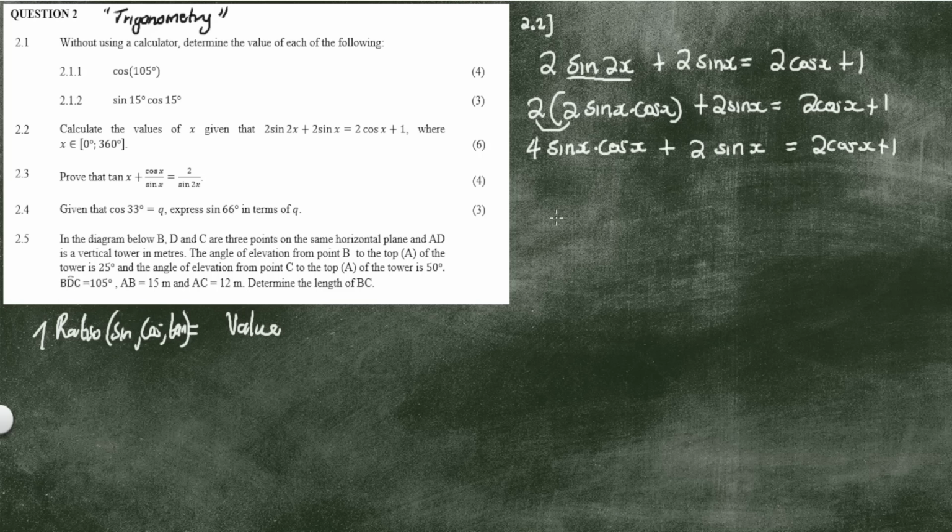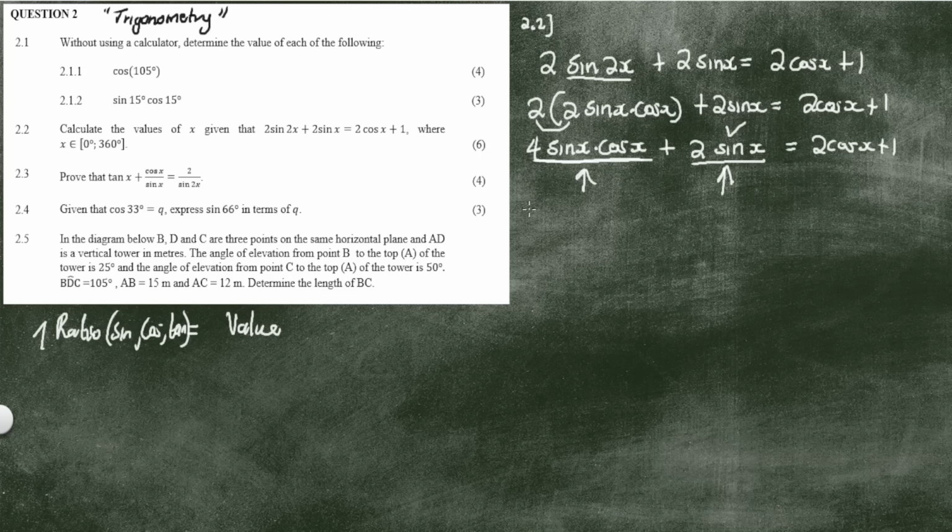All right, so before bringing this thing over to the left hand side, I think what we can do first is actually to take out 2 sine x as a common factor. So 2 sine x is common in both terms. For the first term, 2 sine x, and for the second term there's also a 2 sine x, right?